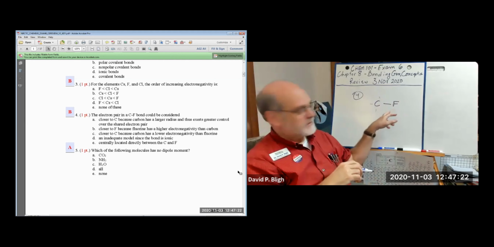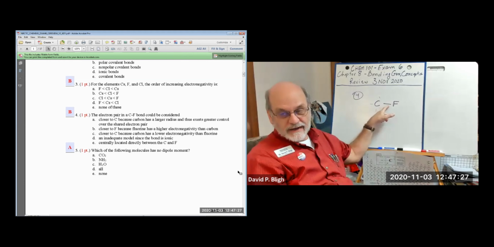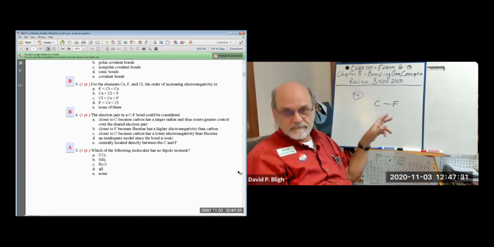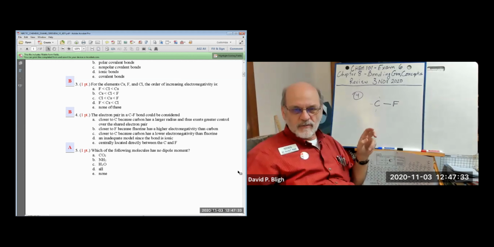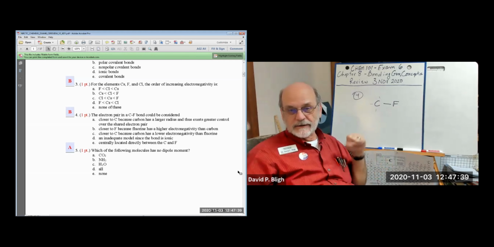Fluorine's probably just that single bond, but we're only concerned about that one bond between carbon and fluorine. So what about the electron pair? A says it is closer to carbon because carbon has a larger radius and thus exerts greater control.